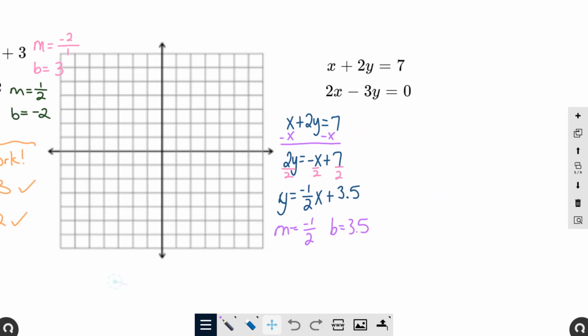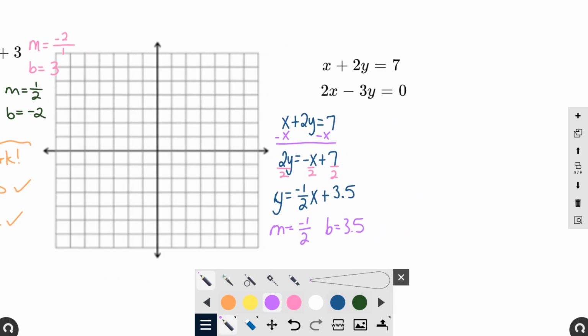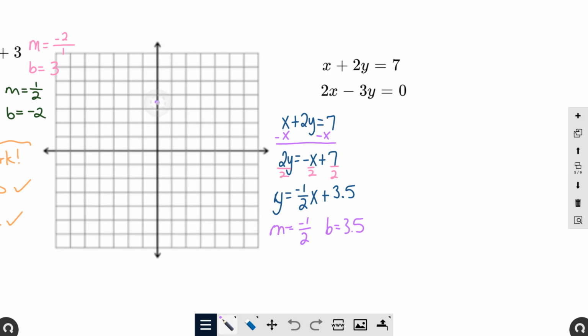So if I were to go through and graph this problem, it has a y-intercept of 3.5, so I'm going to go up 3 and then halfway, so I'm going to be right there in the middle. And then my slope is negative 1/2. Now you want to go down 1 unit and over 2 units. So if you go down 1, you're still halfway in between.